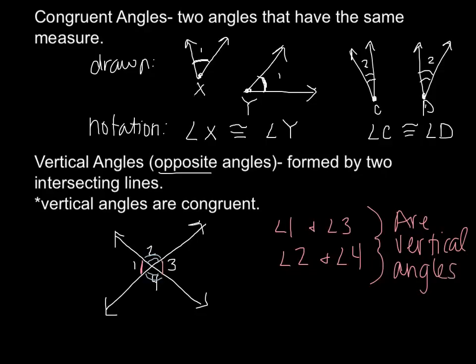So instead of an "and" in between these two, we can write our congruent sign, an equal sign with the little squiggly line on top. So angles 1 and 3 are congruent because they're opposites, and angles 2 and 4 are congruent because they're opposites, also known as vertical angles.